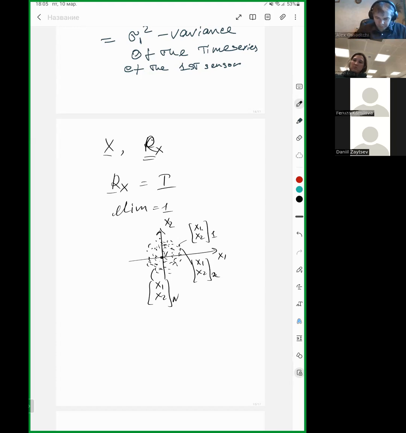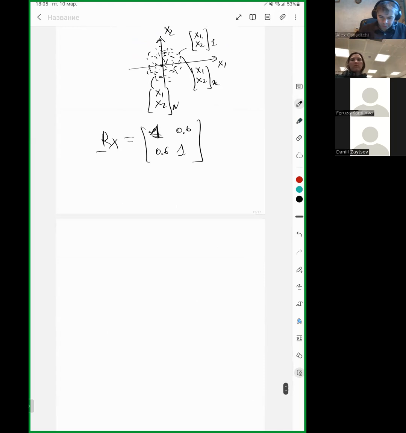Whereas, on the contrary, in the case where R of x is not identity but, let's put it this way, it's one here, and 0.6 here, and 0.6, of course, it's symmetric, then if you draw it, you will see something like this. So x1 again, x2. You will see this preferential direction.